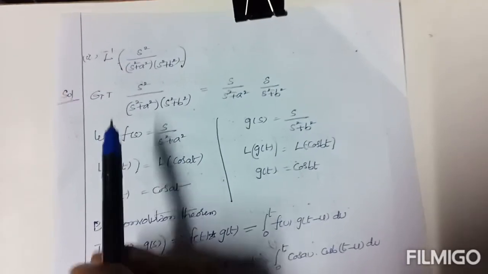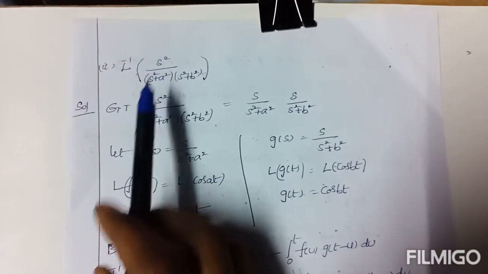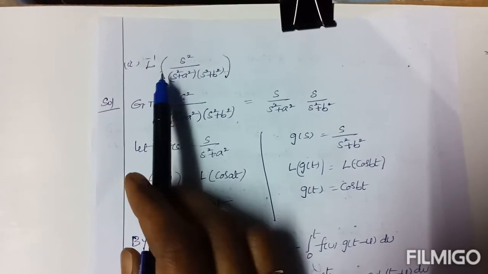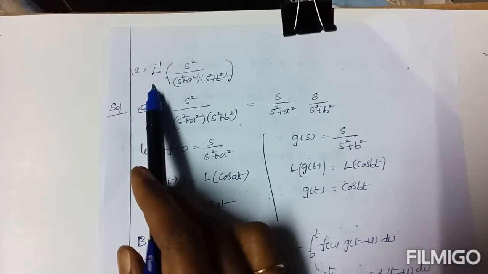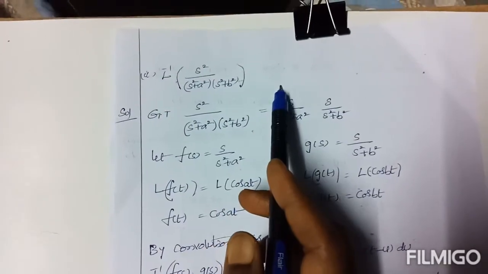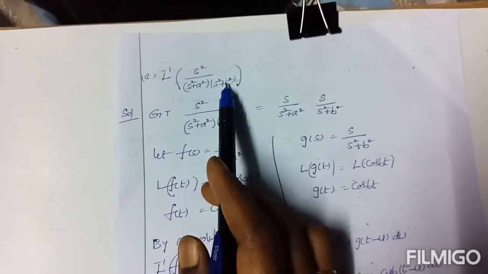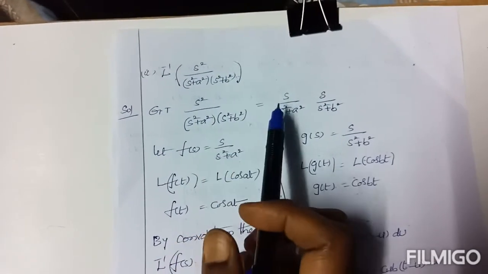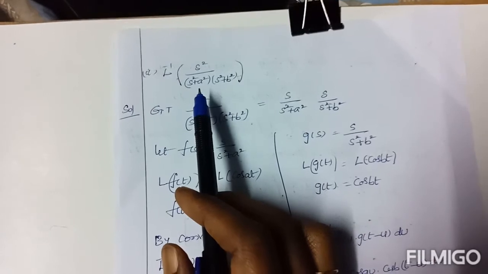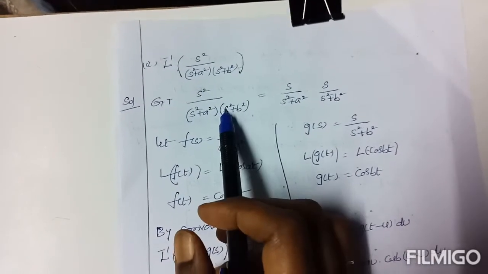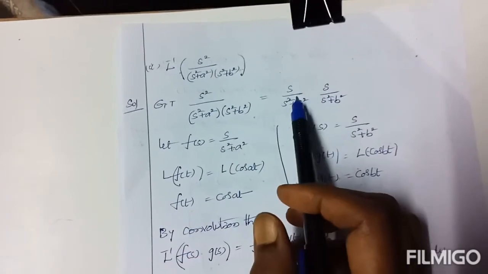The next given question is the inverse Laplace transform of s square by (s square plus a square) into (s square plus b square). How to evaluate the inverse Laplace transform using the convolution theorem. To use the convolution theorem, what do we need? Two functions in terms of s, and then the corresponding functions f of t, g of t. So take the given function first, and it can be written as a product of two functions.